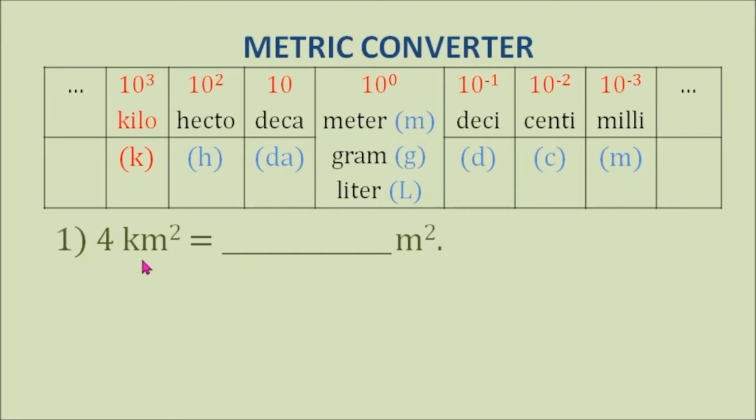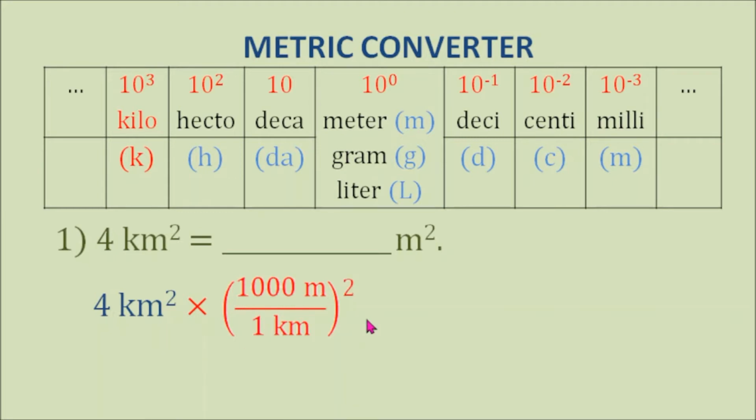We are going to multiply 4 kilometers squared, the measurement that we are going to convert, by a conversion ratio. And we are going to create a fraction that shows kilometers squared on the denominator for us to cancel out kilometers squared. And that's 1000 meters over 1 kilometer.